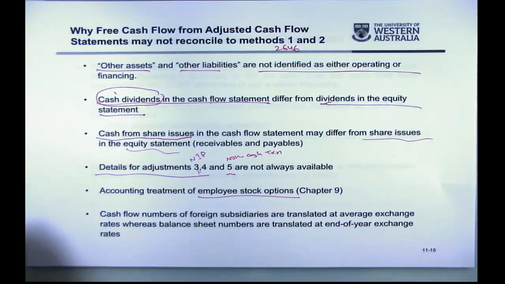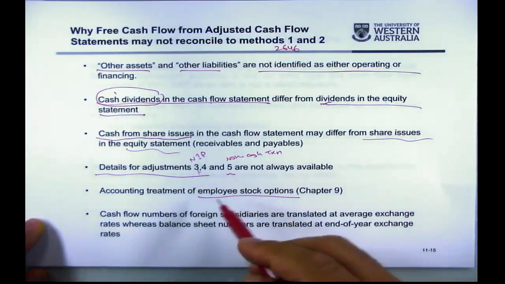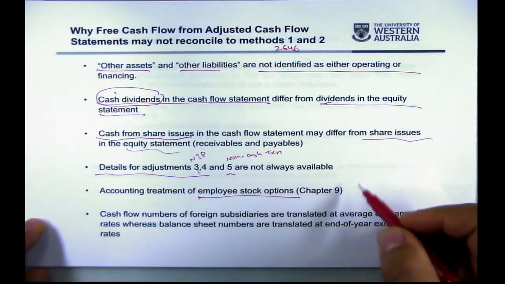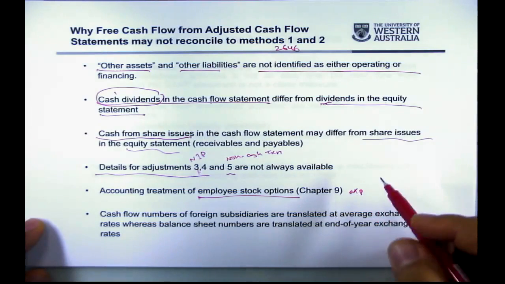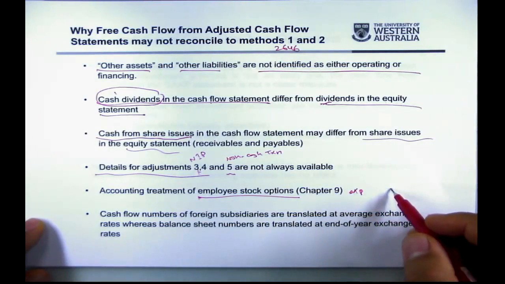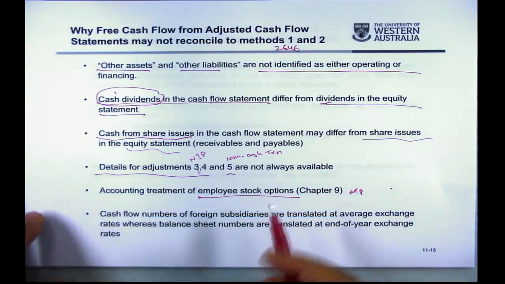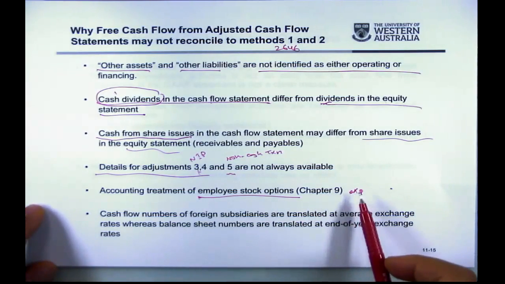But remember, in the balance sheet, in the equity section, we noticed something called employee stock compensation, and that was an expense. This expense was originally debit employee expenses in the income statement, credit equity in the balance sheet. Okay? And that was calculated according to the grant date accounting.